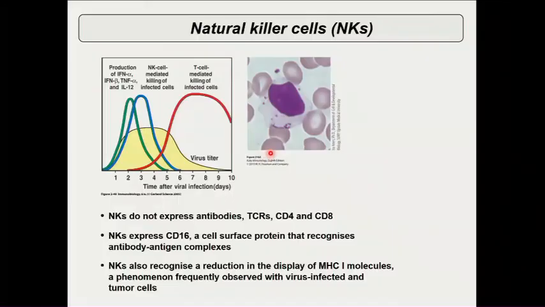And now we come to another bit which I think is very important, and these are the natural killer cells. Quite a name. So here we have an example of a natural killer cell in a blood smear, and here we have a time course after an infection that shows us what happens when.